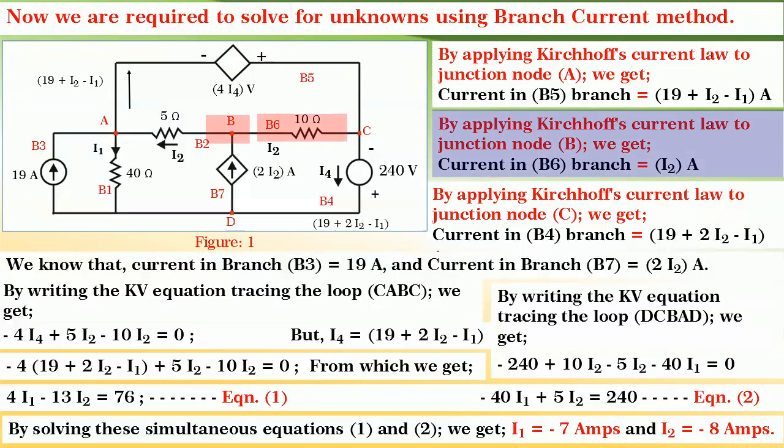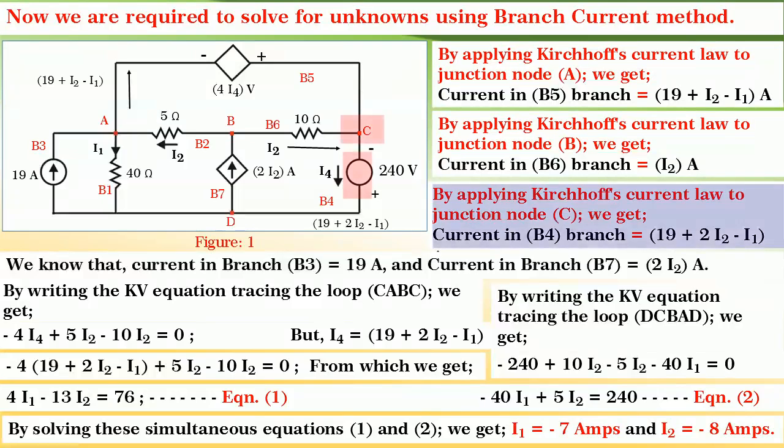By applying Kirchhoff's current law to junction node B, we get current in B6 equal to I2 amperes. Similarly, by applying Kirchhoff's current law to junction node C, we get current in B4 equal to 19 plus I2 minus I1 amperes.